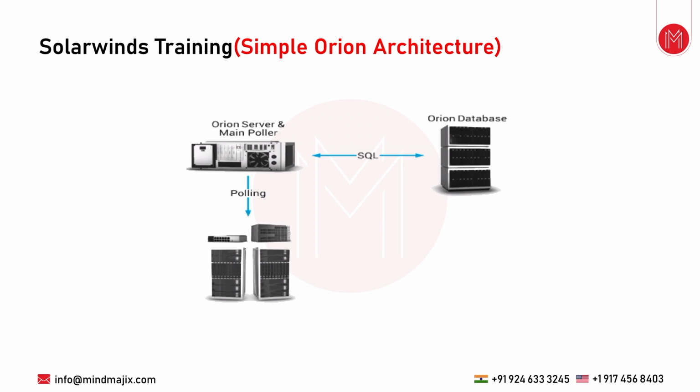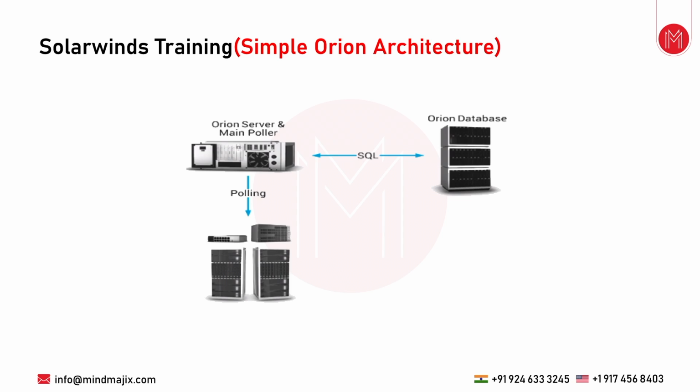We will be able to poll the information of that particular server or the NPM. We can also view the information from the database, view custom charts, alerts from the dashboard, and get the view of the console.